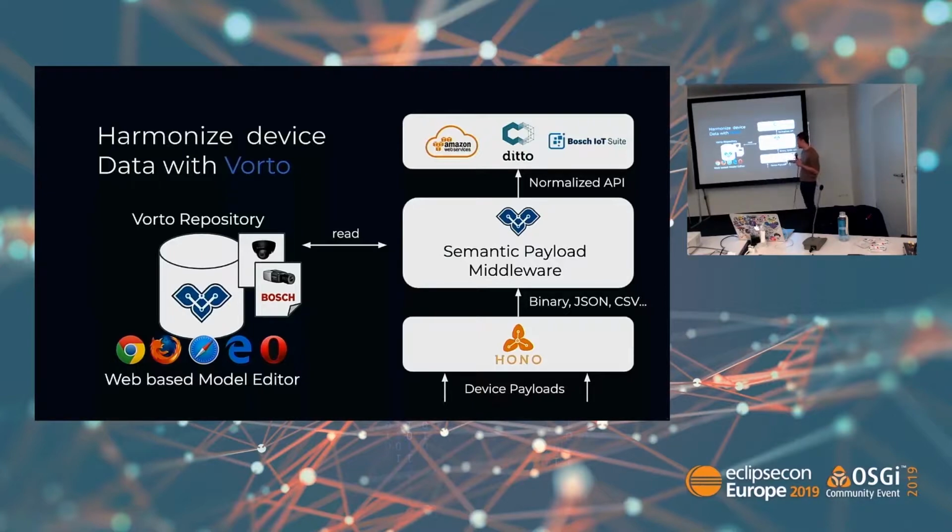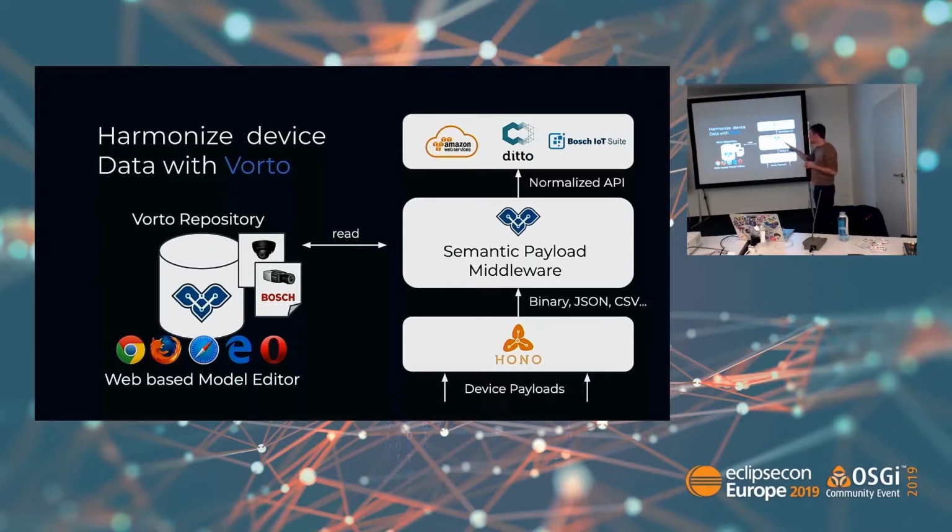So we can just connect every single device with Hono, and then the data is sent to our middleware. And this middleware is the element that does the mapping, as we said. It gets the information, what has to be mapped and how it has to be mapped, from the Vorto repository, and then we can send or push this data to some platform, some consumer, like Ditto in general. We can use AWS IoT Things, like we did.